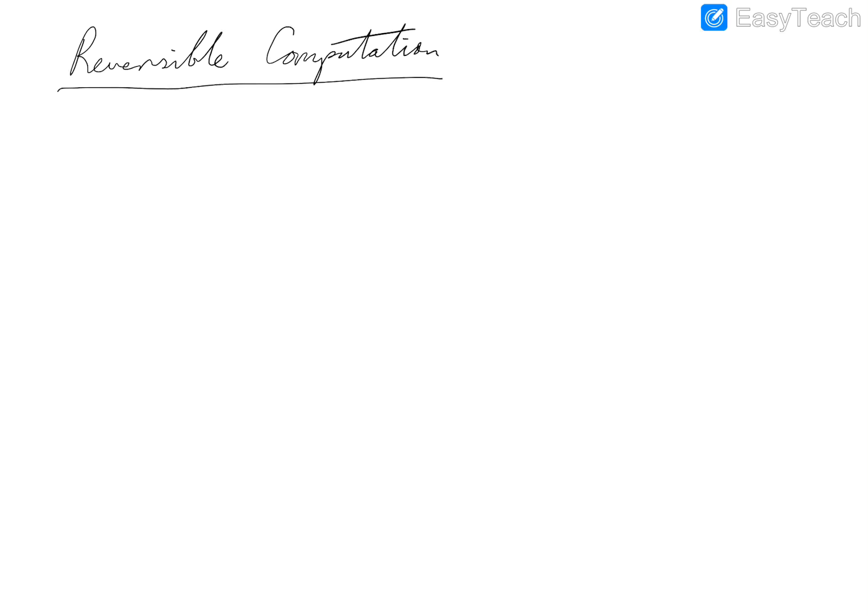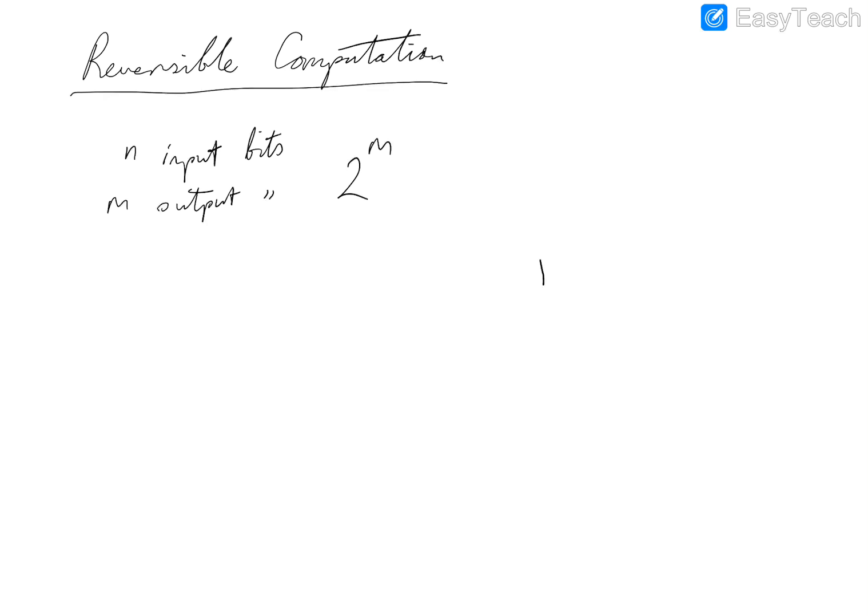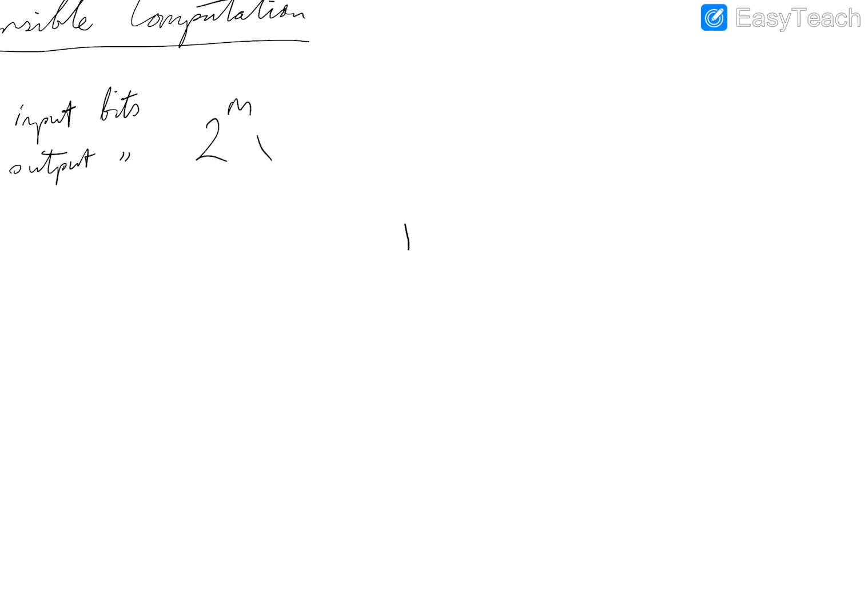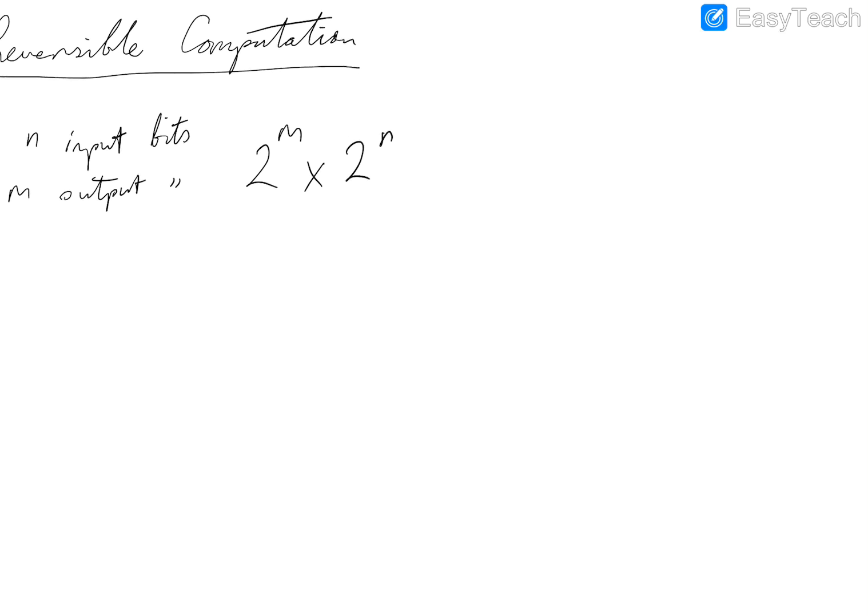A gate with n input bits and m output bits is represented by a 2 to the m by 2 to the n matrix. A 2 to the m by 2 to the n matrix takes a 2 to the n by 1 matrix, and it outputs a 2 to the m by 1 matrix.